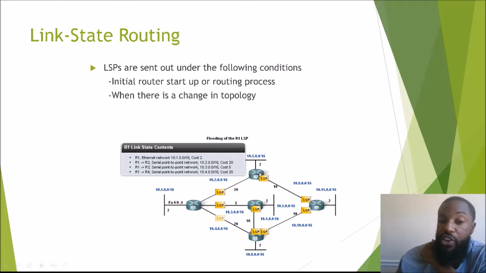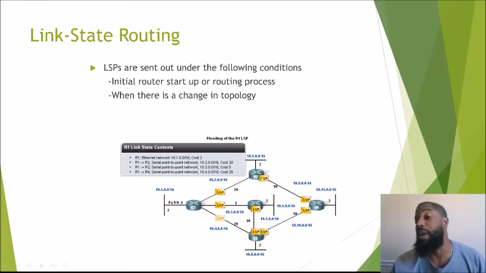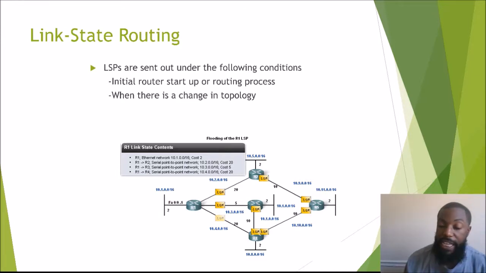Then they'll have information that the router is down. You don't have to wait every 10 seconds. You don't have to wait every 30 seconds like RIP. As soon as a link goes down, that's why it's called link state. As soon as the link state changes, if it goes down, if there's a change in the route, they will automatically give that update to everybody else. That's when there's a change in topology. That's why it's called link state.